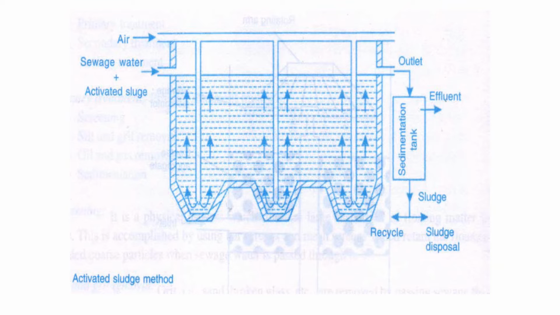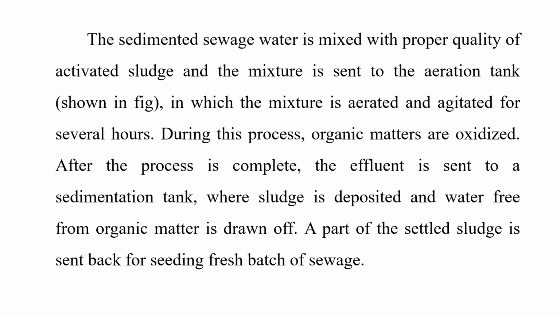In the sedimentation tank, the sludge settles at the bottom, and it will be taken out and mixed in for the second cycle, and the water retained at the top will be taken out. So that is the treated water. This is the entire process, which has been explained extensively here in this slide.